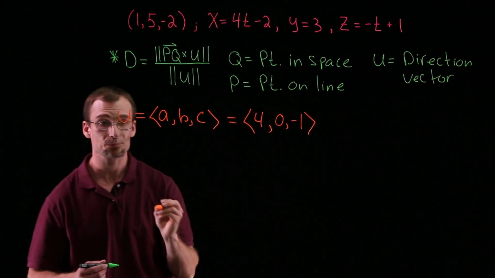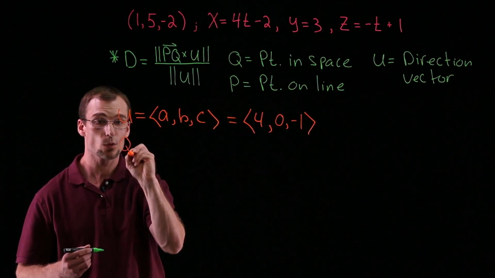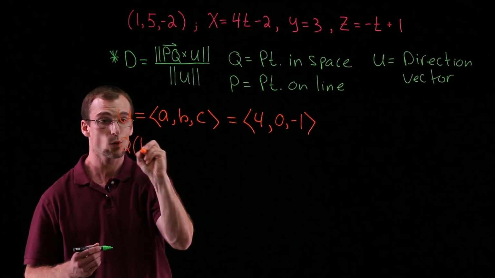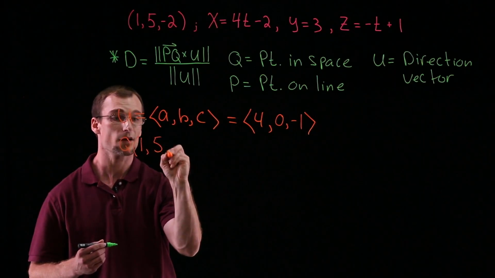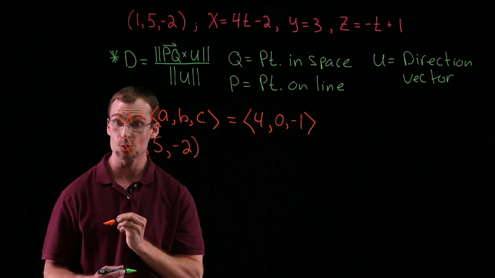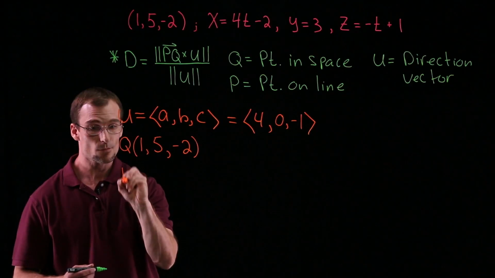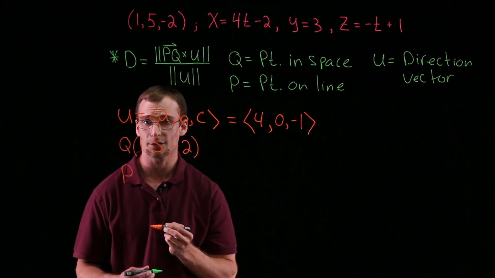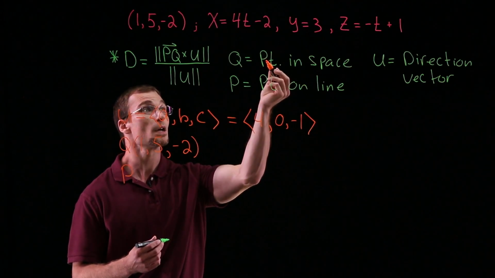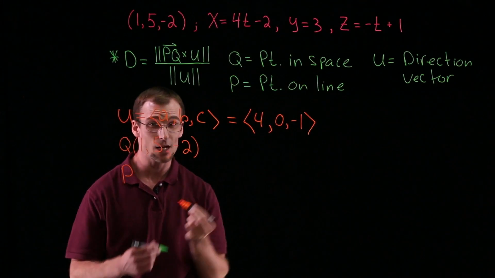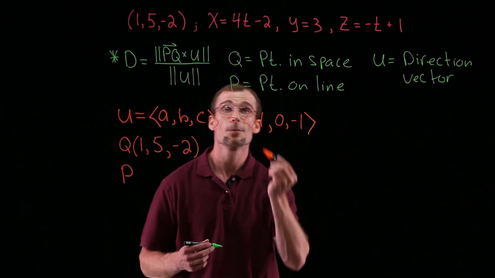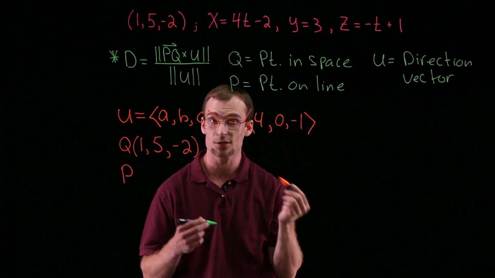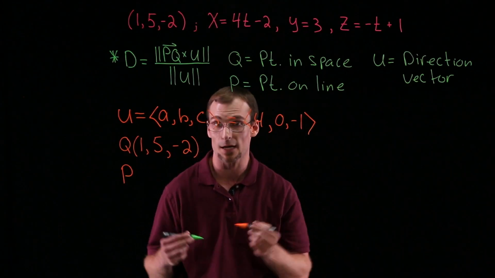So we have u, and Q, the point we're trying to find the distance from, with coordinates (1, 5, -2). Lastly, we need to find a point P on the line. If we look at our parametric equations, for different values of the parameter we get different values of x, y, and z, which give us the coordinates of points that lie on the line.